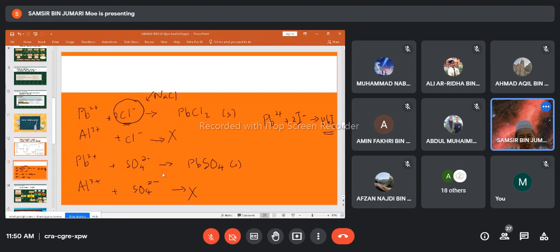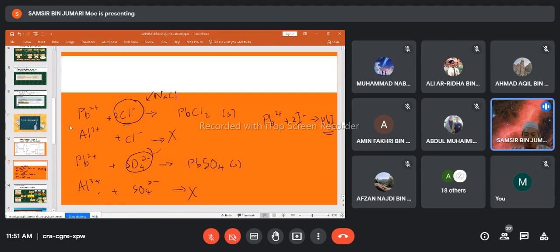Okey. Ini satu lagi, kita gunakan apa-apa saja larutan yang ada sulfate ion. Because sulfate ion will react with lead(II) ion to form lead(II) sulfate, whereas the aluminium ion cannot form the precipitate, because aluminium sulfate is a soluble salt. Faham? Jadi sodium sulfate, for example, as the reagent can be used to distinguish these two ions.